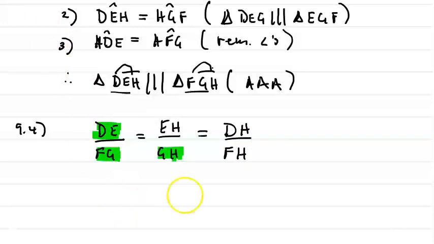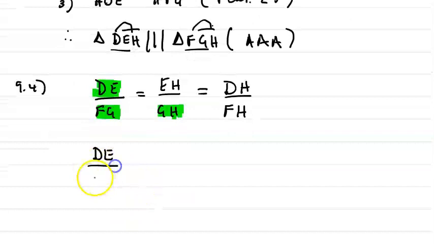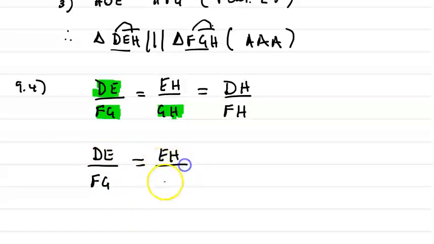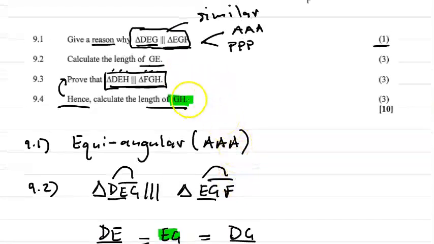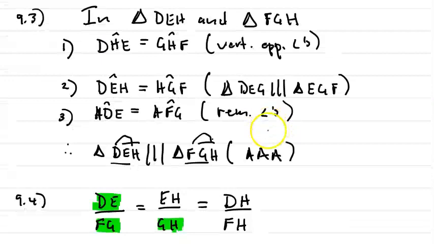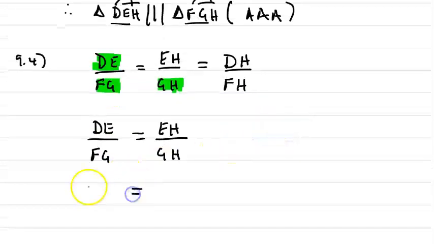So let's write that down. We'll say DE all over FG equals EH all over GH. And let's make what we're finding the subject of our equation. Remember, we are finding GH.